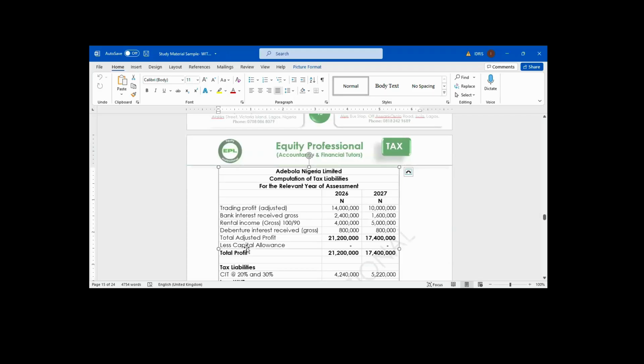Dividend is not included as part of the income because dividend is not subjected to tax. I thought they pay withholding tax on dividend though. If they pay withholding tax on dividend, dividend is a non-taxable income. The withholding tax paid on dividend is called franked investment income. That is a final tax on dividend.